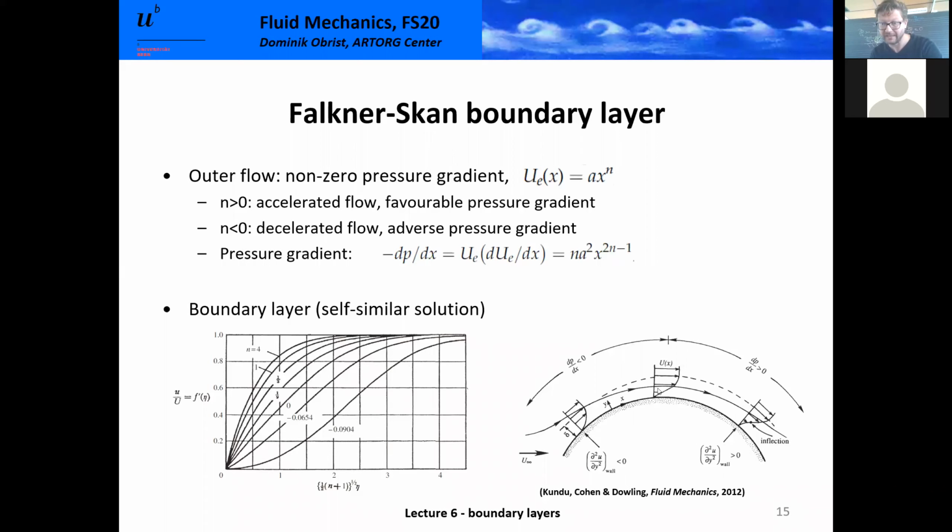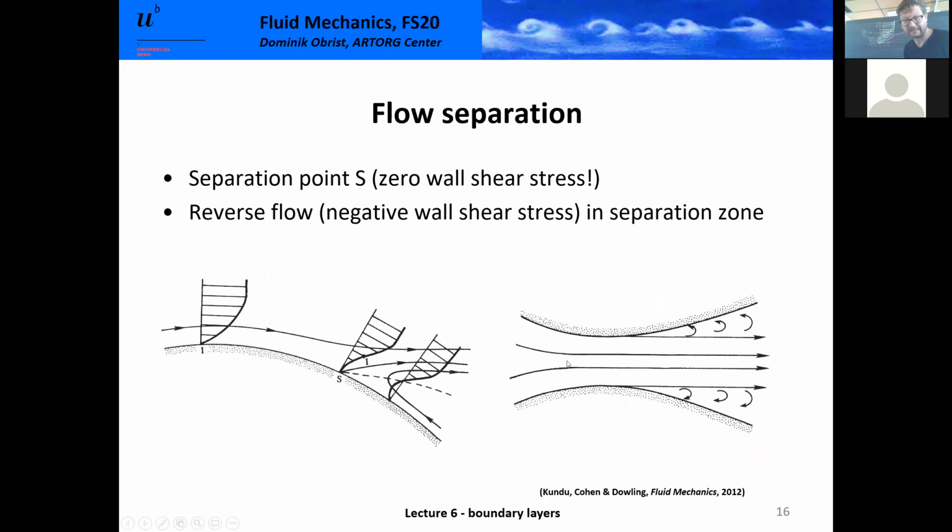You see it here again, Blasius, and here we're going to nearly zero gradient at the wall. And if we go beyond that point, that's exactly what's shown here on the bottom left, we even can get reverse flow.